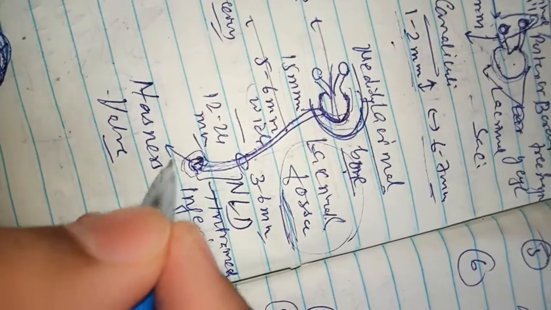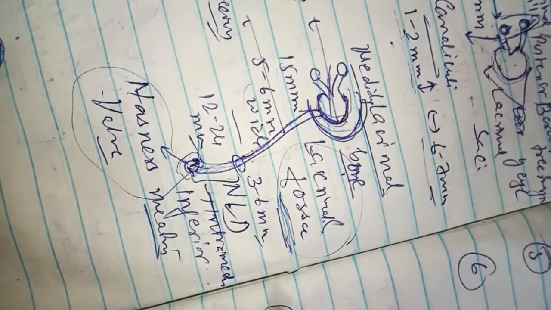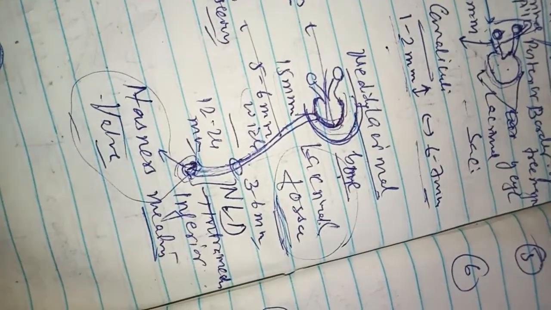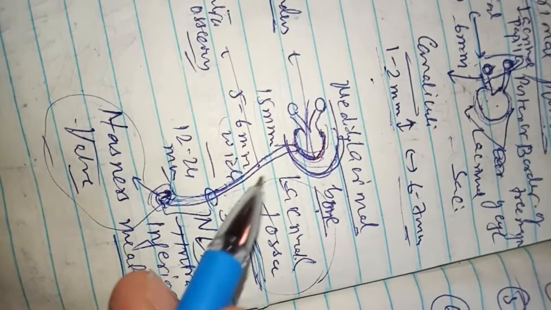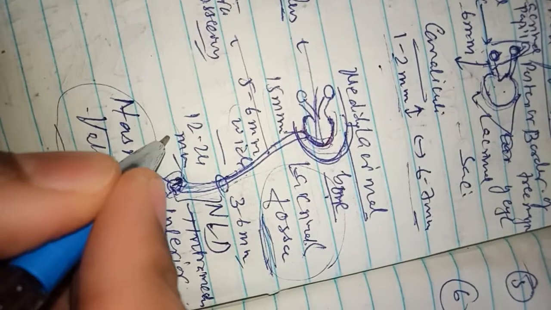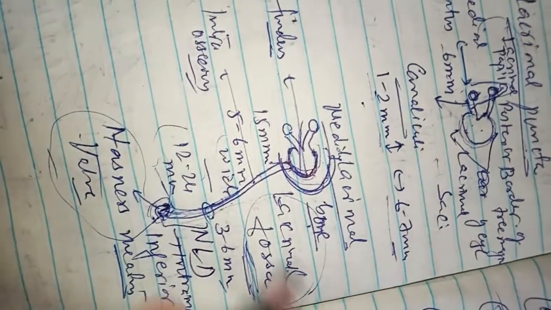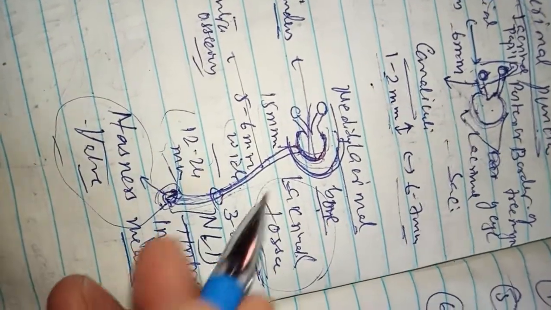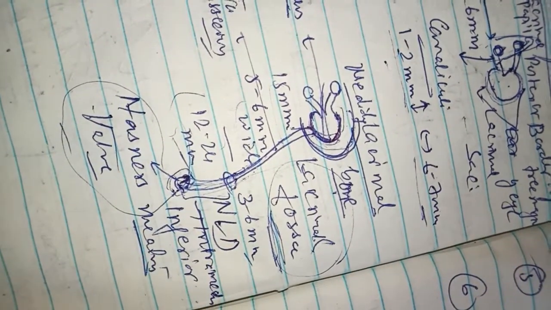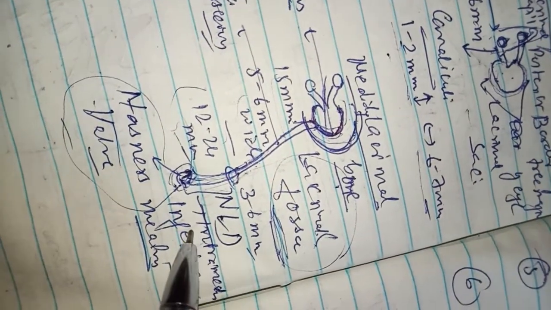It has a valve at the distal end, known as Hasner's valve. The length of the nasolacrimal duct is 12 to 24 mm. It has an upper intraosseous part and a lower intrameatal part. So this is all about the lacrimal apparatus.